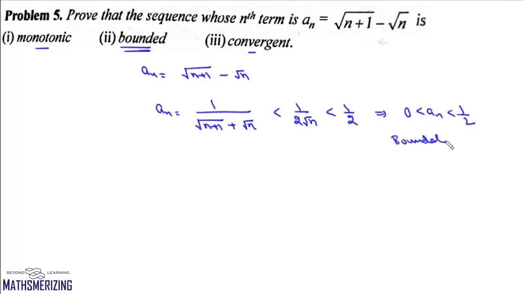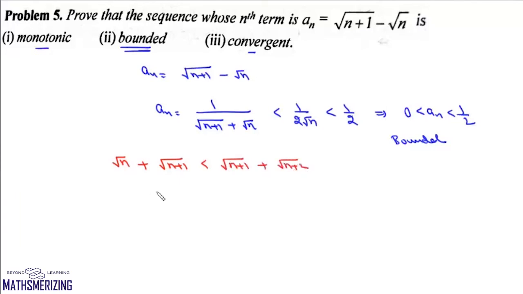Now we need to prove that the sequence is monotonic. Now we know that under root of n plus under root of n plus 1 will be less than under root of n plus 1 plus under root of n plus 2.